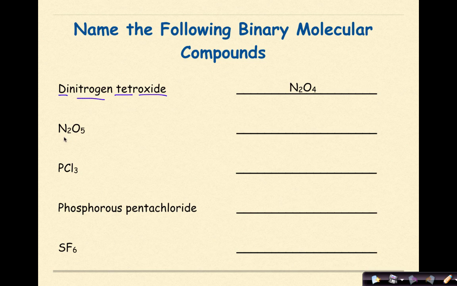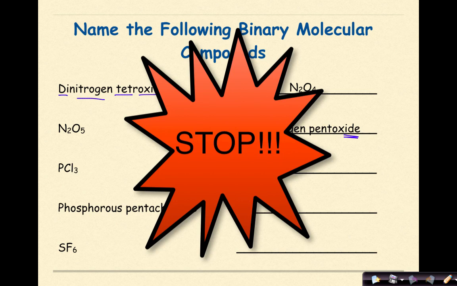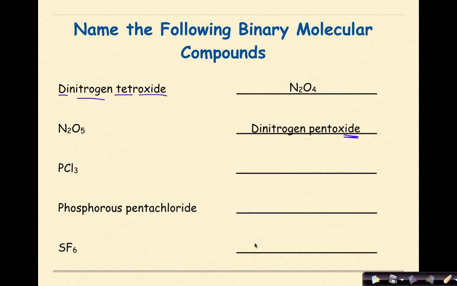So we're going to have the same beginning as we see up here. So this is going to be dinitrogen pentoxide. And you could write it pentaoxide, but a lot of times we just sort of blur it together. Remember, the last element is going to have that IDE ending, but the first element we're just going to leave as is. So what I'd like you to do is stop. Write either the name of the compound or the formula for the last 3 and see how you do.